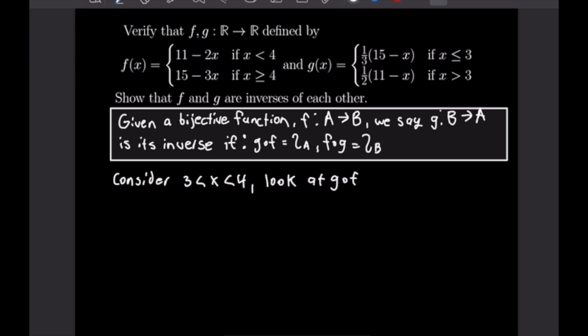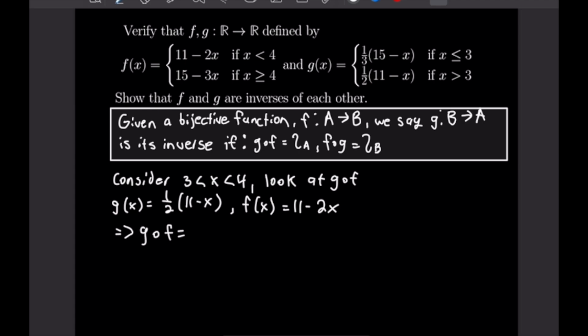So under these circumstances, g of x will be 1/2 times 11 minus x, and f of x will be 11 minus 2x. So that means that g composed with f is going to be 1/2 times 11 minus our f of x, which is 11 minus 2x.